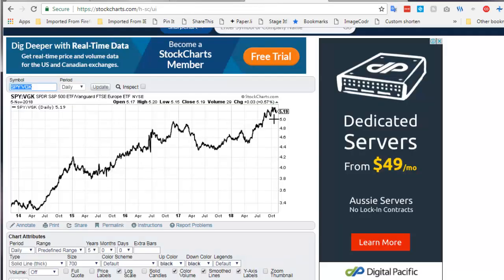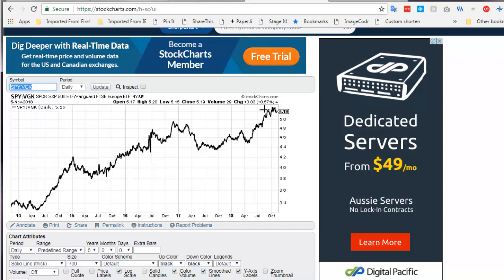If I summarize them in a chart, this is called a buy-sell chart. It has two components. On the left-hand side, it's got SPY, which is an ETF that tracks the S&P 500, the US market, compared to VGK, which we've already talked about. A buy-sell chart basically means when the chart is rising, as this one has been, the first stock is outperforming the second stock.